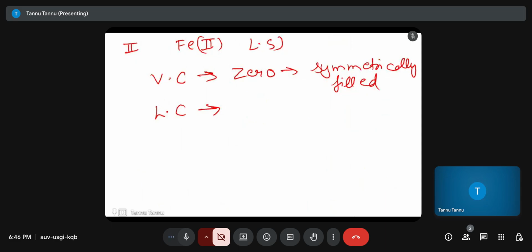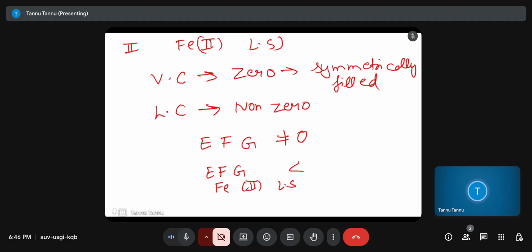So there is non-zero lattice contribution. So you can say there is electric field gradient present in the system because of lattice contribution, but it is comparatively lesser than your Fe3+ low spin.